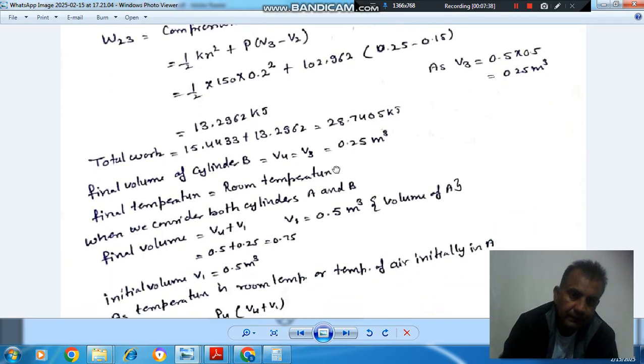The final temperature is room temperature, because the gas in the tank is at room temperature, so the final temperature is the same as the initial temperature.